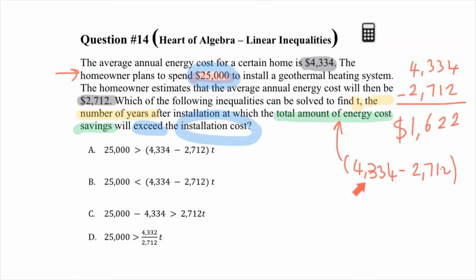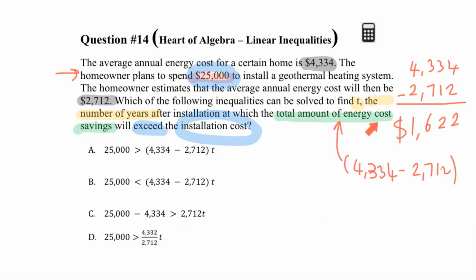You already paid 4,334 before the investment, and after the $25,000 investment you are going to pay this, but still the total savings is the difference between these two numbers. So when I check my answer choices, I see they already subtract the two numbers here to find the savings.